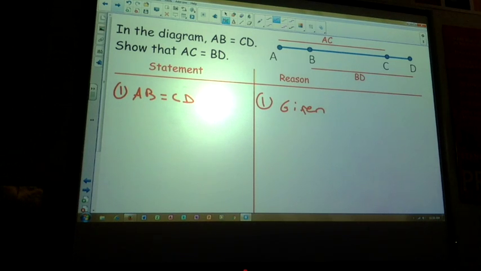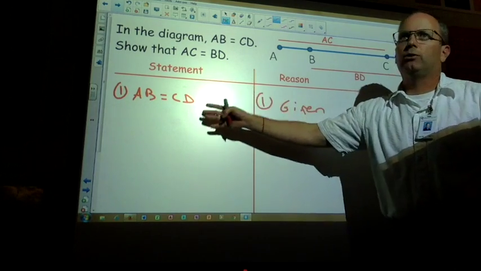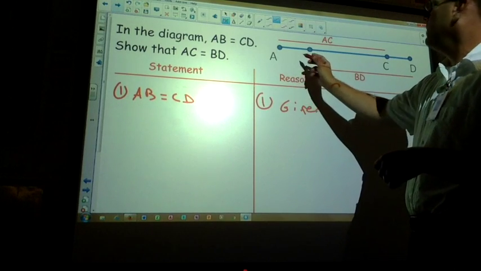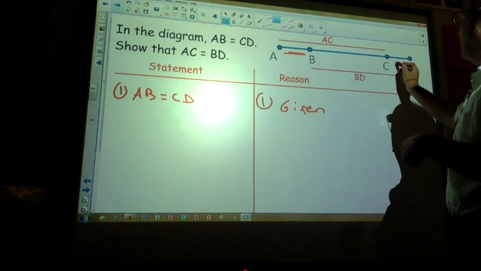It's equal though. I don't need to make it congruent. It wasn't given to us as congruent. It said this equals this, so I don't have to use the definition of congruence to start substituting in. This is already substitution worthy. So AB and this are the same.